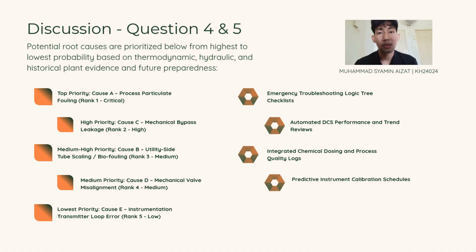For the second and third, cause C, mechanical bypass leakage, and cause B, utility side tube scaling or biofouling, ranked as medium because both of these causes a burden not in terms of heat exchange, but a big difference in temperature and pressure in the whole process.